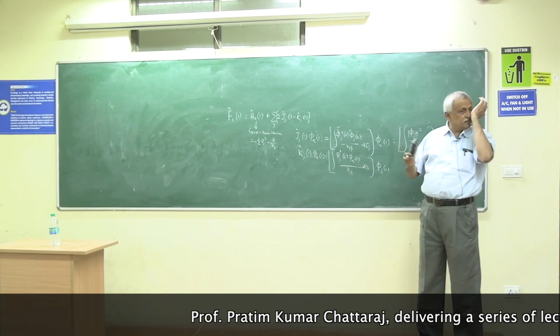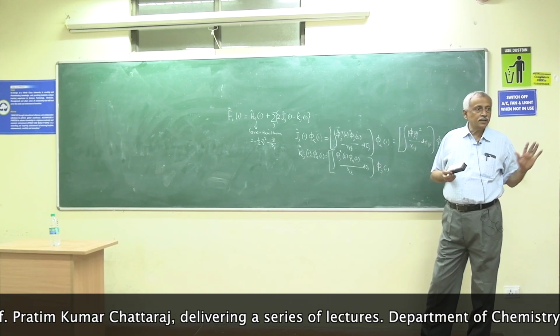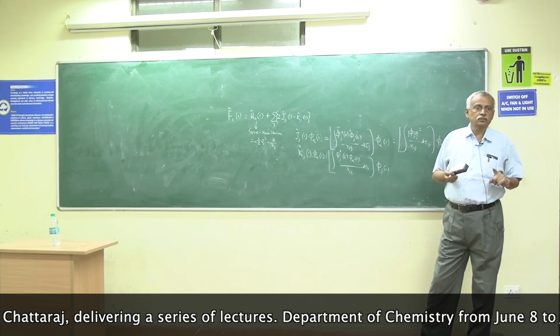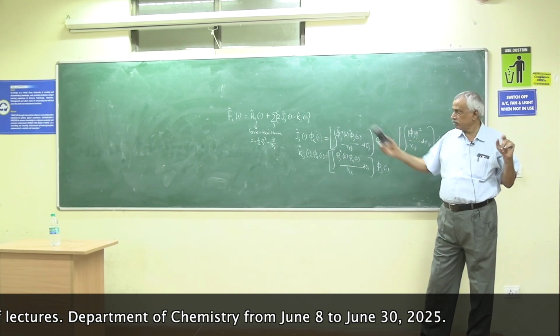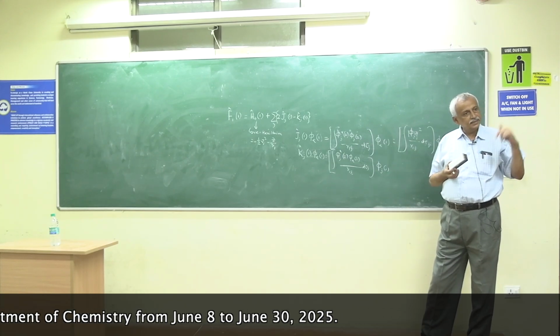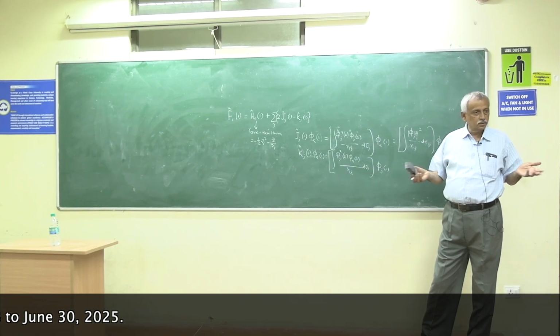So these equations are one-electron equations, but they are integro-differential equations. They are not simple differential equations. You have the differential operator coming from H naught, and also the integral operator coming from the Coulomb operation or the exchange operation.